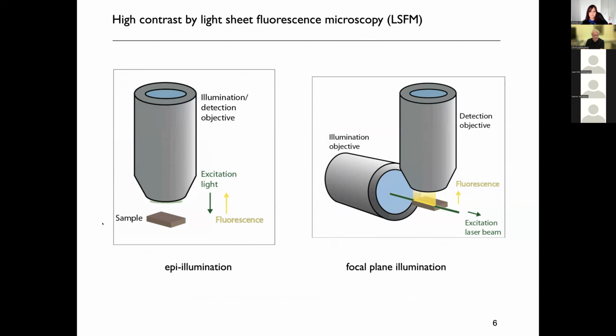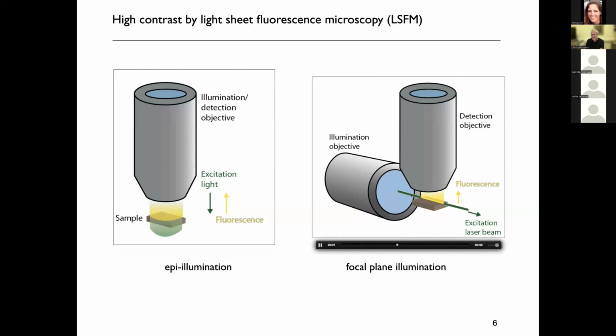So in normal fluorescence, as I said, we have the illumination and detection through one objective lens. And now in light sheet microscopy, we often use the so-called digitally scanned light sheet microscopy, which works like that: we scan a laser beam along one plane and we illuminate our sample using that laser beam.